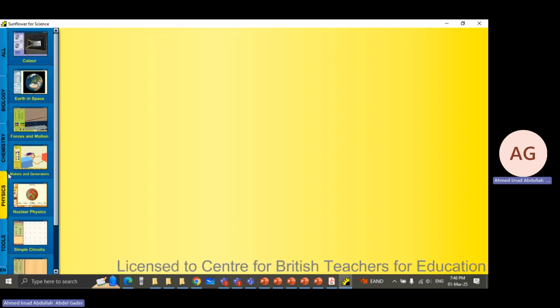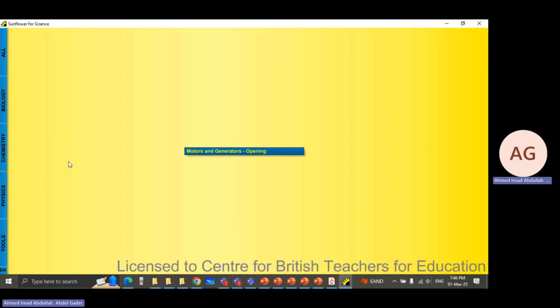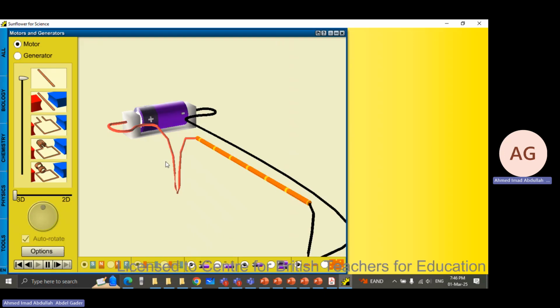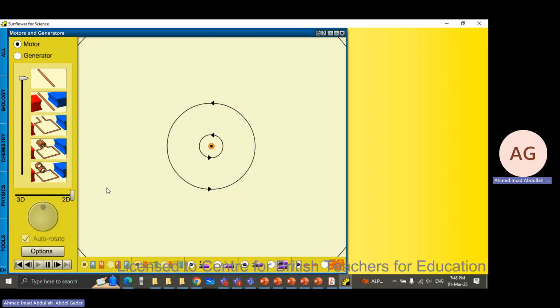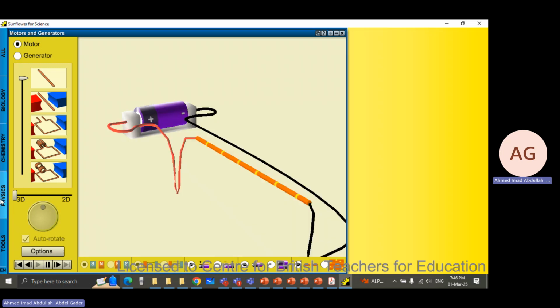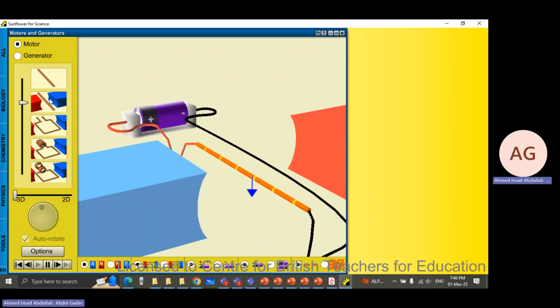So I'll open this simulation. Your teacher might have shown you this. So here we have a current carrying wire. And if we take a 2D view, we can see the magnetic field around this wire. Now, if we place the same wire through a magnetic field, then it will experience a force.